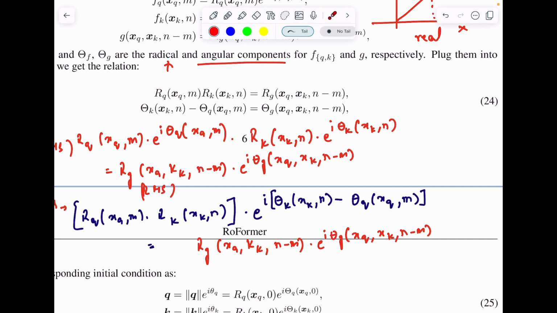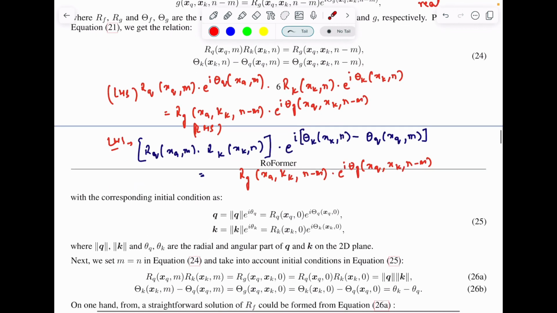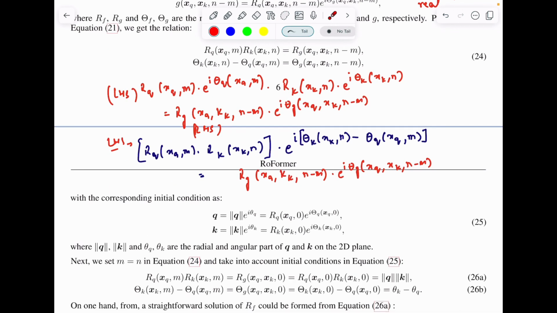That means you have a product of the magnitudes equal to the magnitude of the RG, and the difference of the angle equal to the final angle in the RG function. Okay. Now, so far so good.